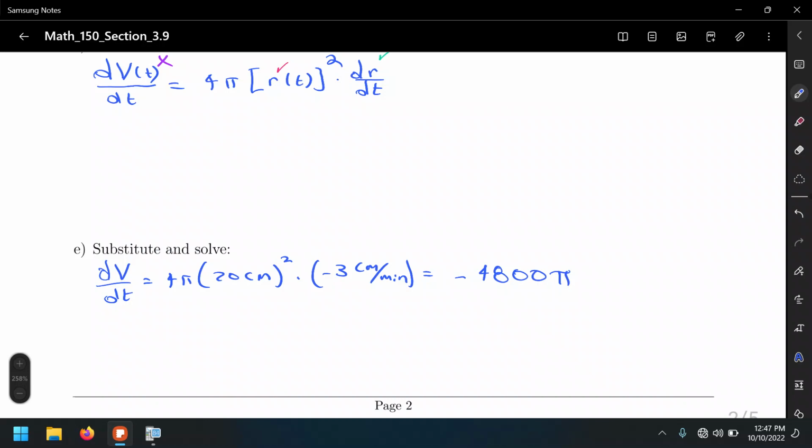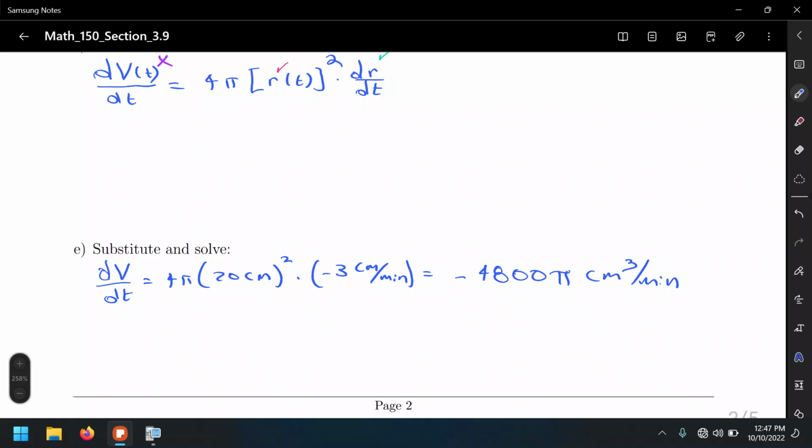And let's be consistent with units. Notice how these centimeters get squared to give us centimeters squared, times these centimeters, that's going to be centimeters cubed, and per minute, just per minute. The units should be consistent all over, because in this case these are units of volume per unit of time.